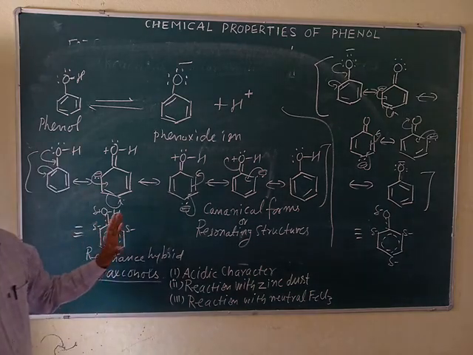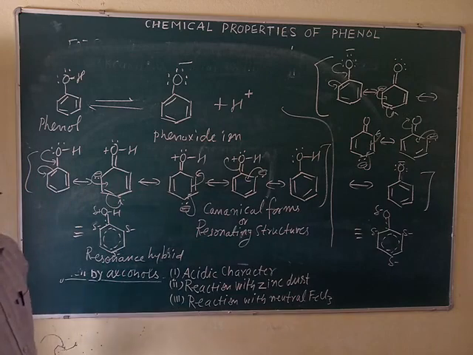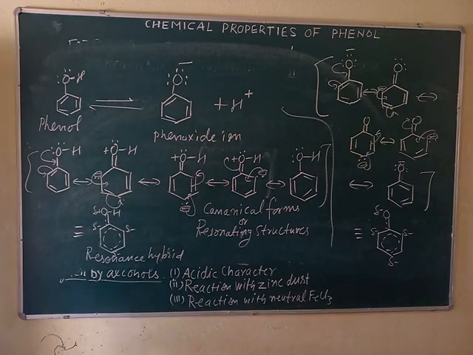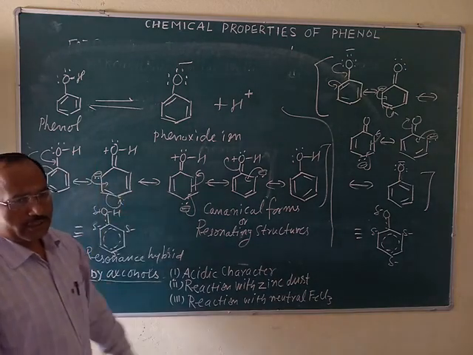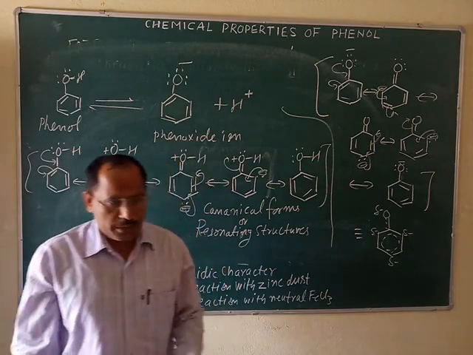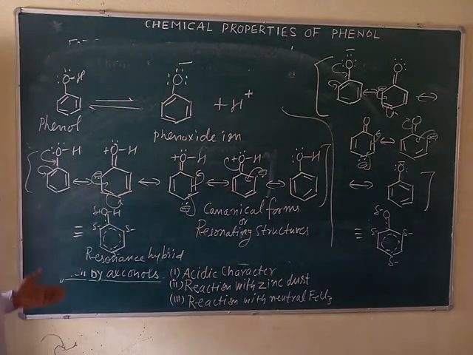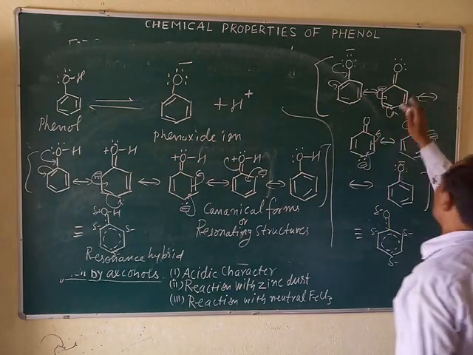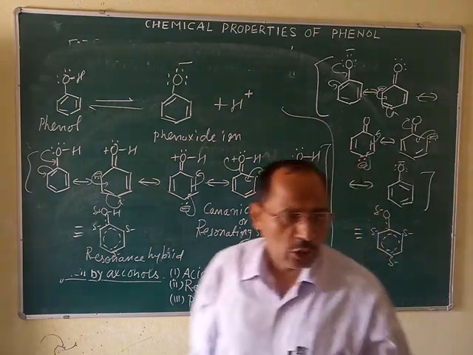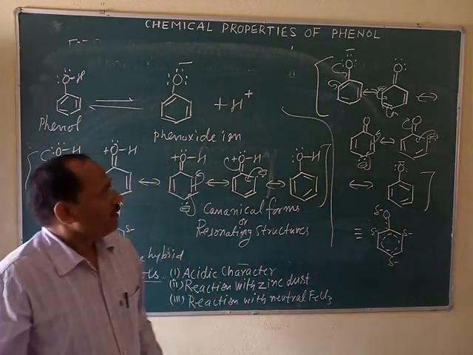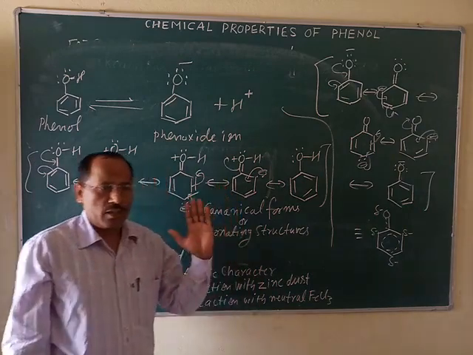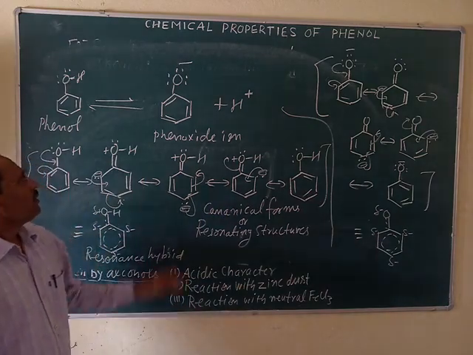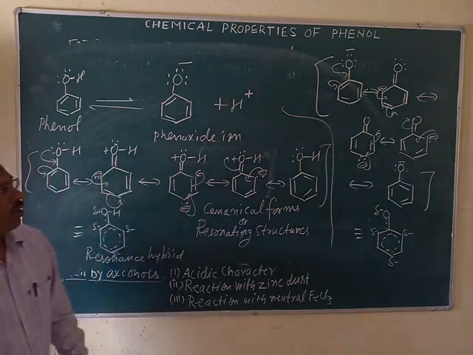This is not a factor to compare their relative stability. Now, the more the number of resonating structures, the more the stability. Phenol has 1, 2, 3, 4 and 5 resonating structures, and the phenoxide ion also has 5. This is also the same. So the existence of resonance and the number of resonating structures cannot help to compare the stability of phenol and phenoxide ion.